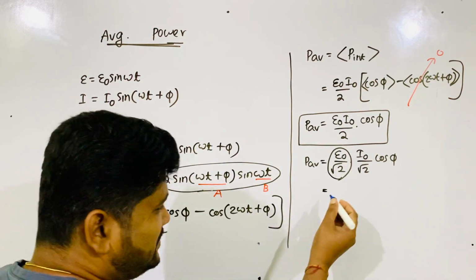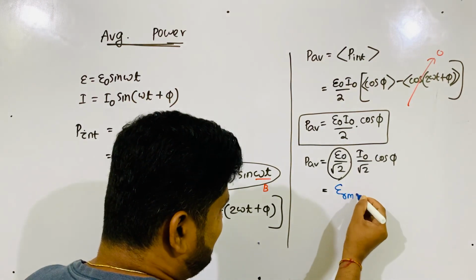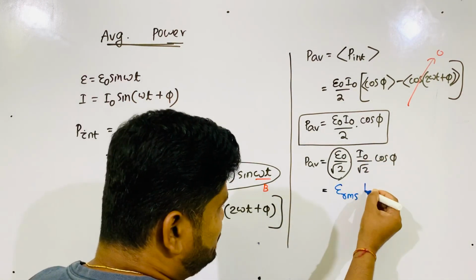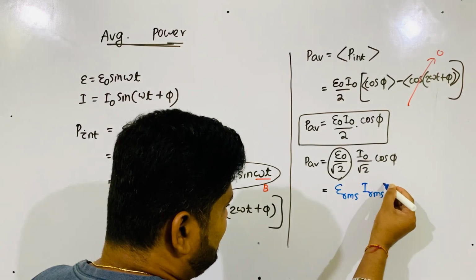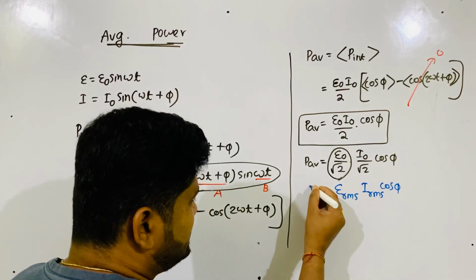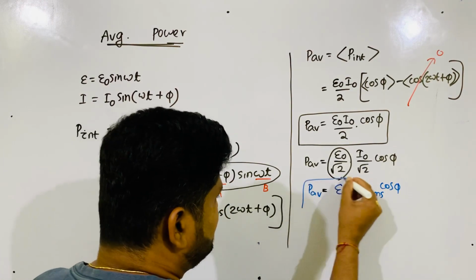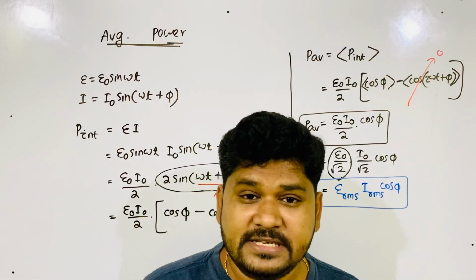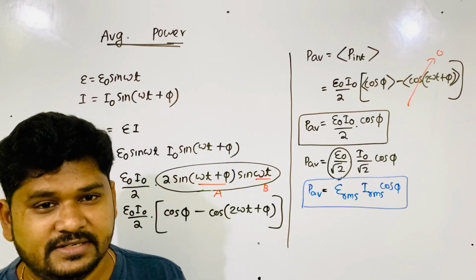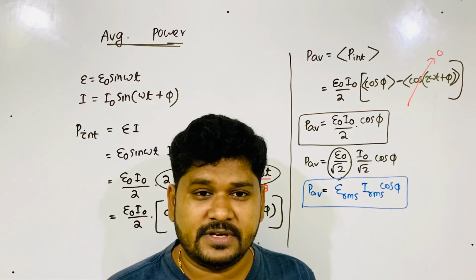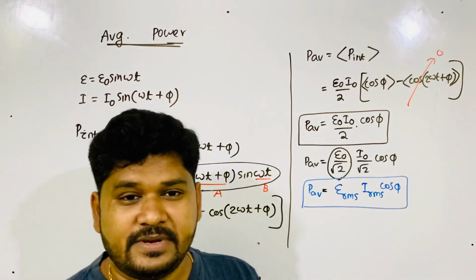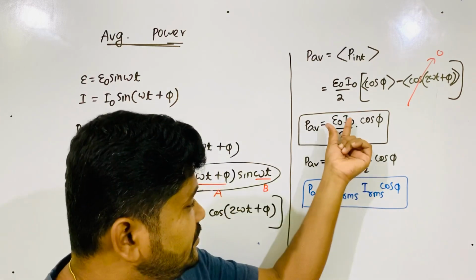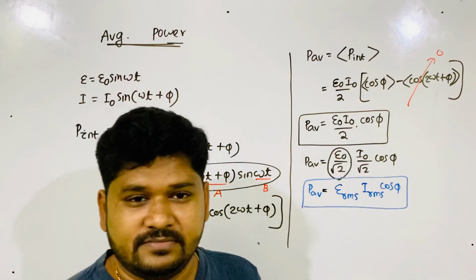E naught by root 2 is what? E RMS. I naught by root 2 is what? I RMS. So average power is equal to E RMS I RMS cos phi. This is also the formula of average power. So you can remember this one or this one, no problem.